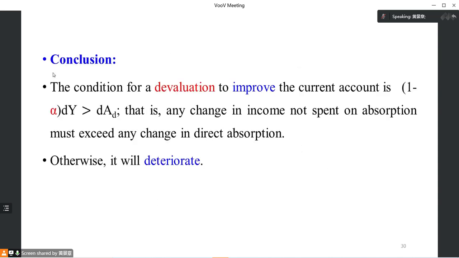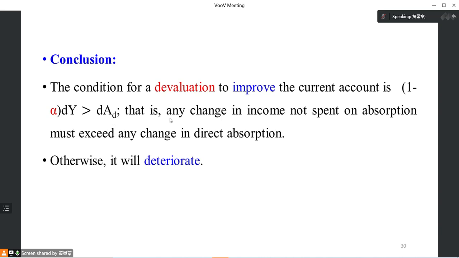Conclusion. The condition for devaluation to improve the current account is (1 minus alpha) dy more than dAd.